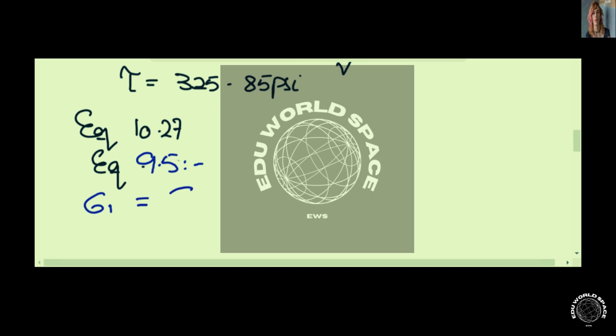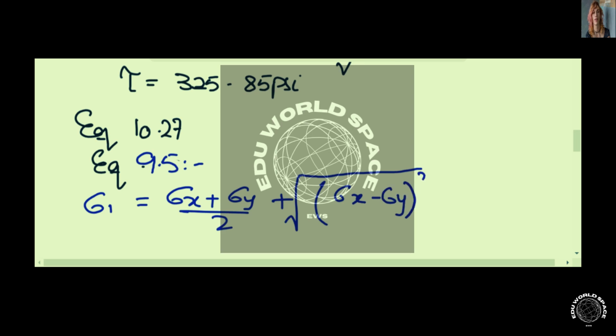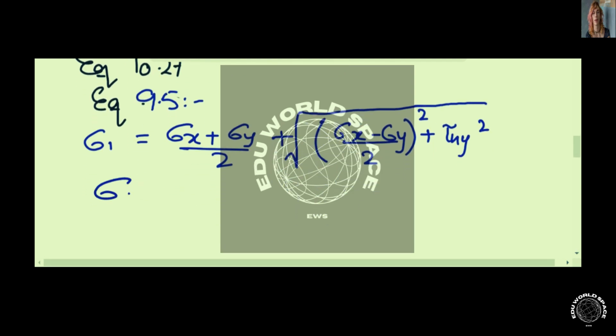Sigma sub 1 is equal to sigma sub x plus sigma sub y divided by 2 plus the square root of sigma sub x minus sigma sub y, divided by 2, squared, plus tau sub xy squared. Plug in the values and we get sigma sub 1 equal to 1.778 ksi.